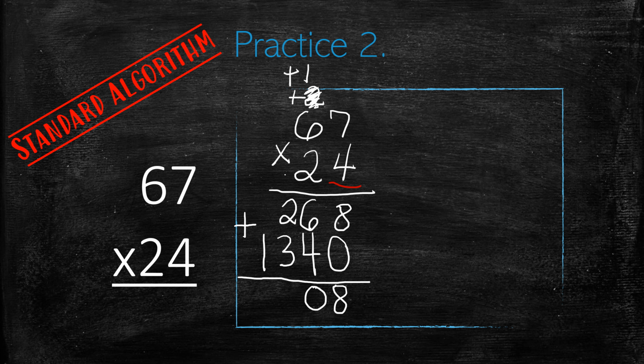And then I put the 1 on top, okay? 1 plus 2 equals 3. 3 plus 3 equals 6. And then 1 plus nothing equals 1, okay? And then we have our final answer, which is 1,608. All right, very good.